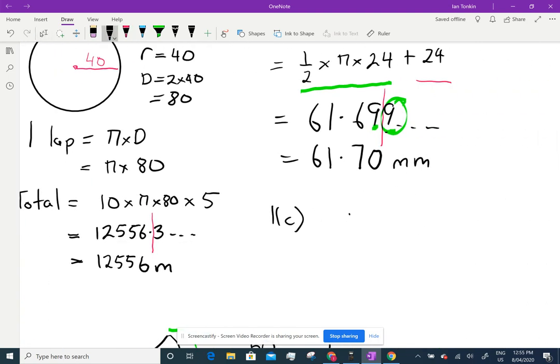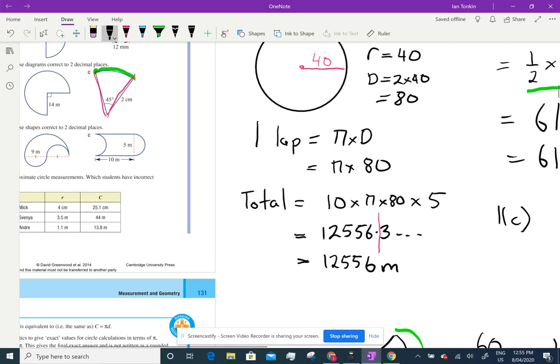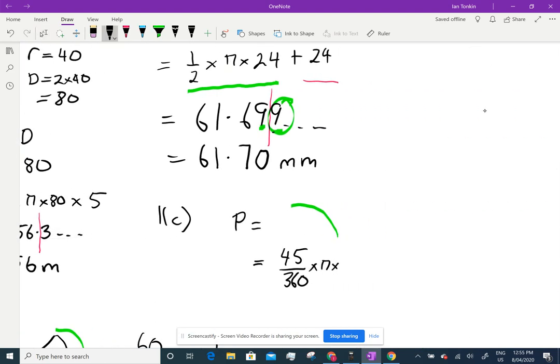So the perimeter for 11C, the green bit, which was a curved bit, is 45 degrees of 360, because that's how much of a circle it is, times pi times d. Well, what's the diameter? The radius is 2, so the diameter is 2 times 2, which is 4. So 45 on 360 times pi times 4.